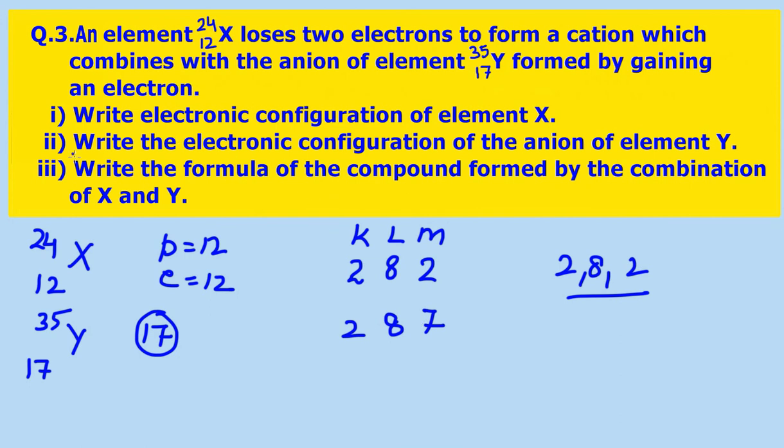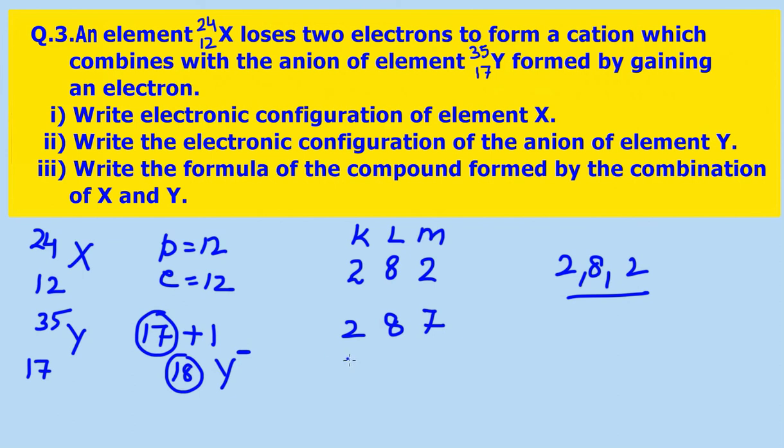But here we are asked to write the electronic configuration of the anion of element Y. So anion means when an element gains one extra electron, it forms an anion. So one extra electron will be added here. So total number of electrons in anion of Y, it means Y minus 1, so total 18 electrons will be present in anion of Y.